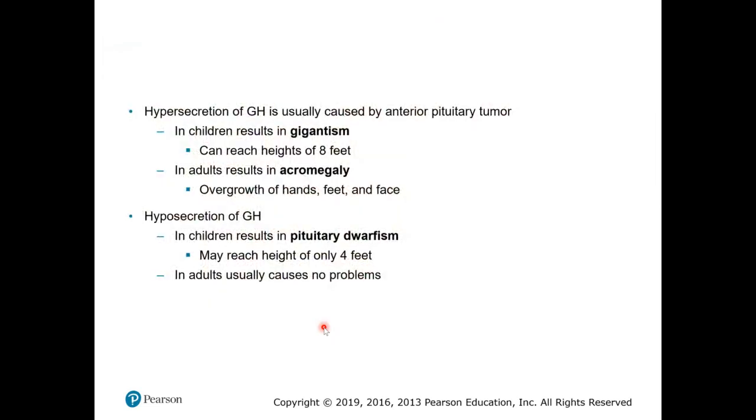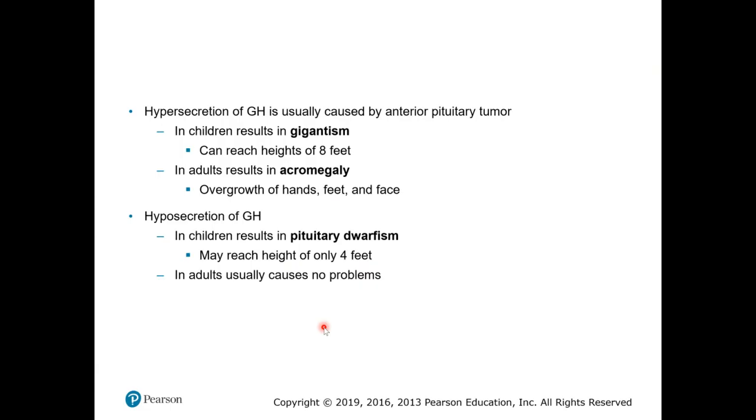All right, back to the pituitary gland, the growth hormone at least. Hyposecretion, not enough growth hormone. You guessed it, you end up with pituitary dwarfism. And what you end up with is just a small person.